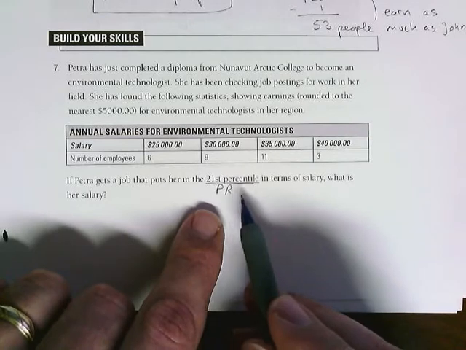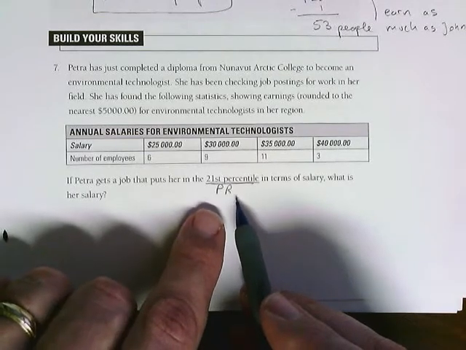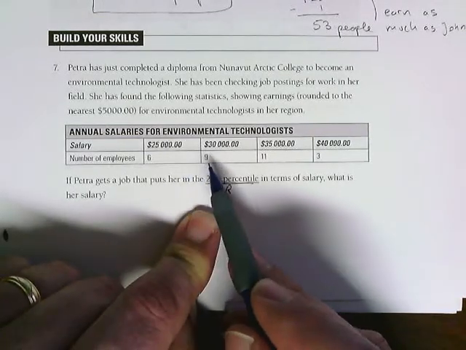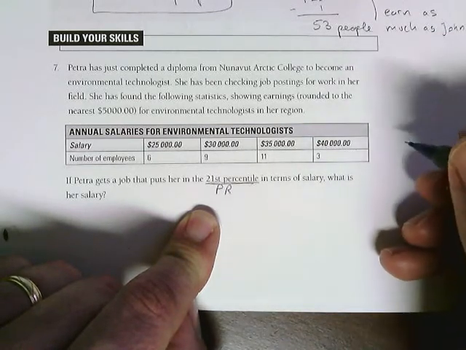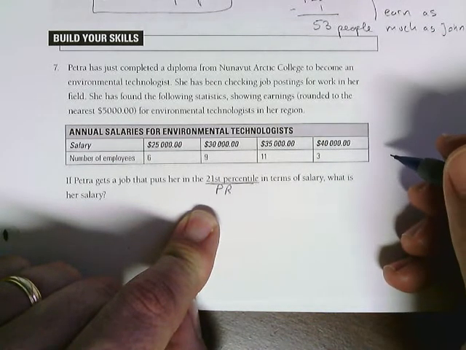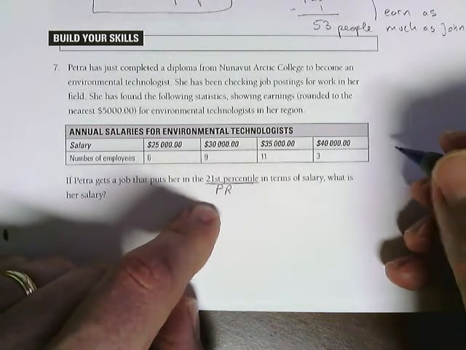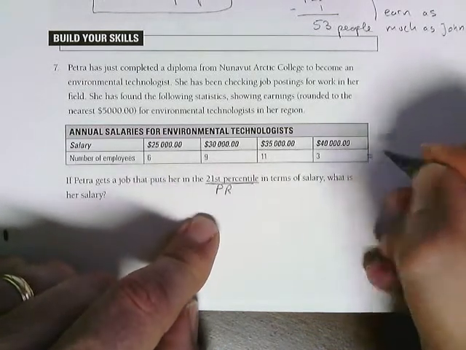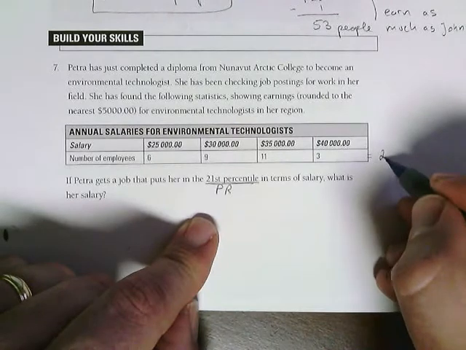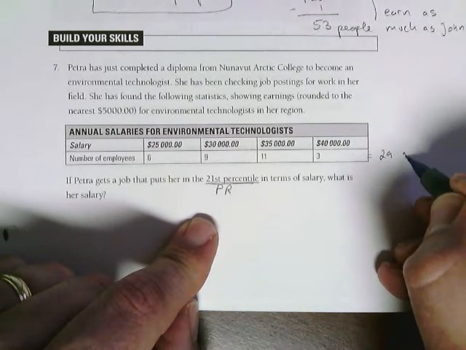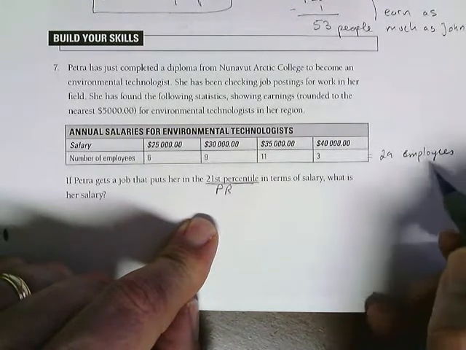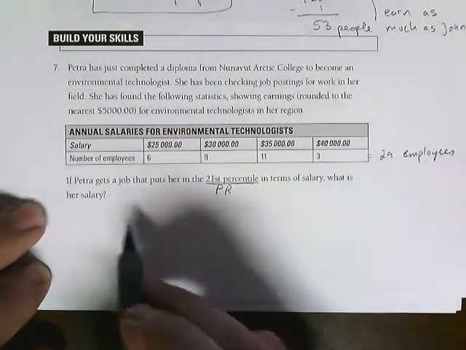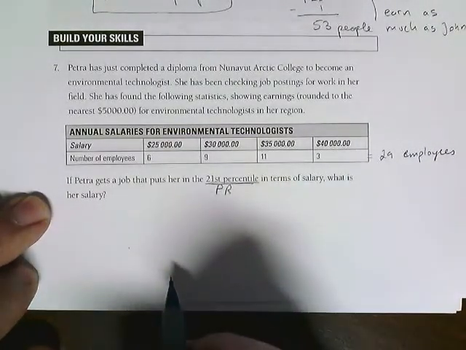How many salaries would be lower than hers, because we know the total number of salaries included, and that is 29. If you add all of these up, you would get 29 employees. There's 29 employees, and 21st percentile is that.